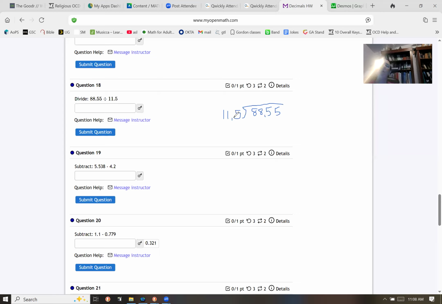And then the rule was to move your decimal to the right 1 place to turn the 11.5 into a whole number, 115. And then you also had to do it to this number right here.